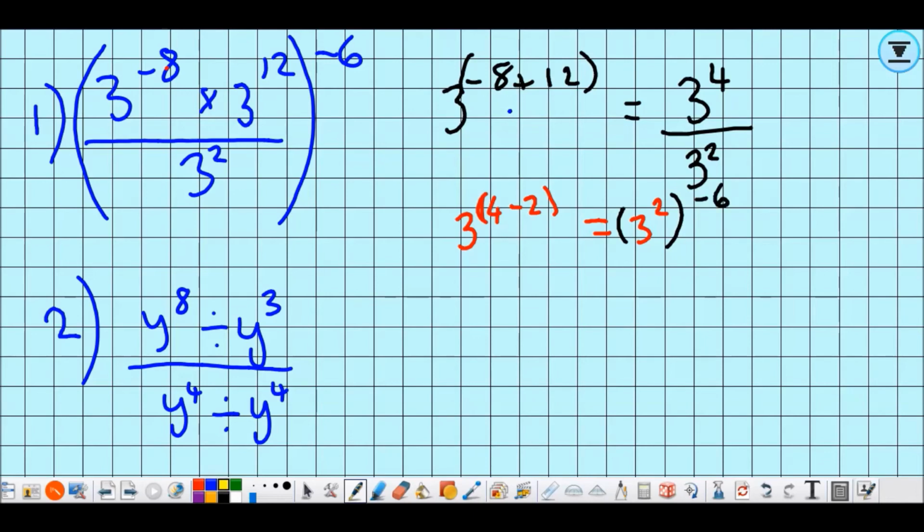So I can now do my multiplication of the power raised to a power, my rule 3, which gives me 3 to the power of 2 multiplied by negative 6, which is going to give me 3 raised to the negative 12. And again, remember, we don't want to leave it as a negative power, so we could put that as 1 over 3 raised to the 12th power. 1 over 3 to the 12.